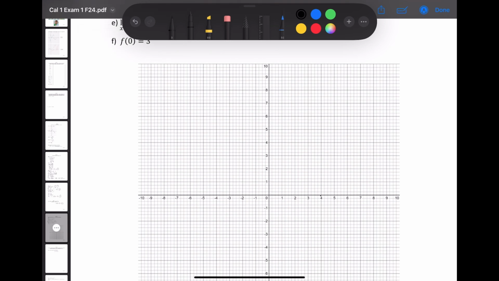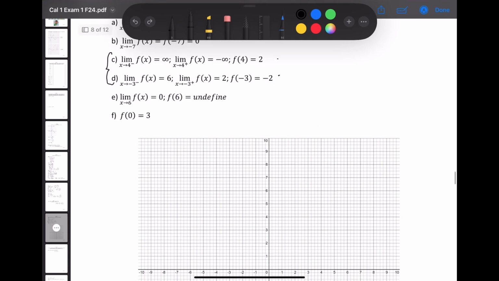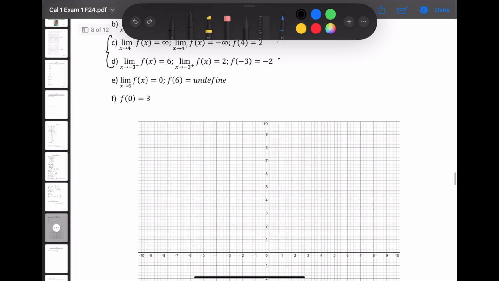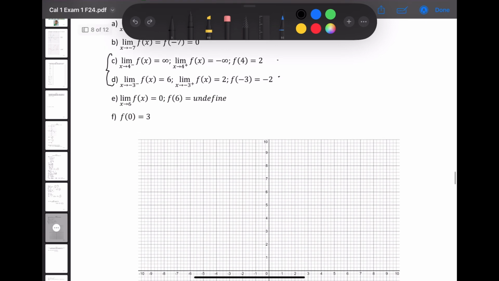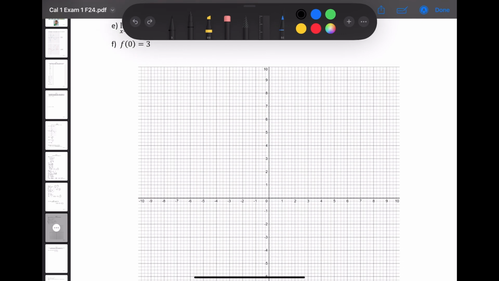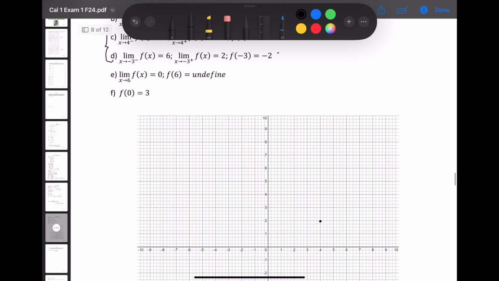It said from the left, it's negative. So I won't write that down or sketch it just yet. Let's keep on reading. Limit x is approaching 4 from the right, f of x is negative infinity. Okay, so f of 4 equals 2. So we can go ahead and mark that down, and then we'll be back once we do D.